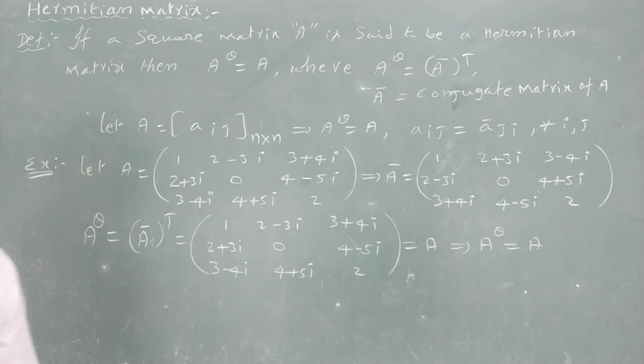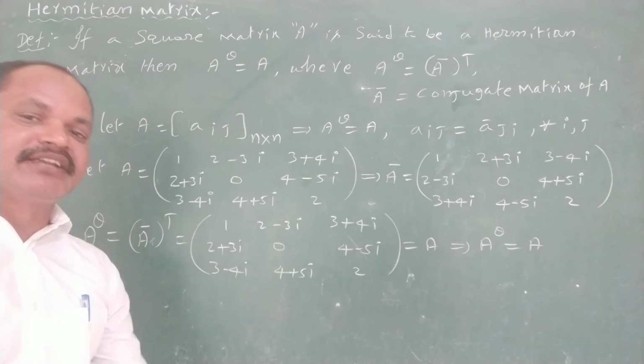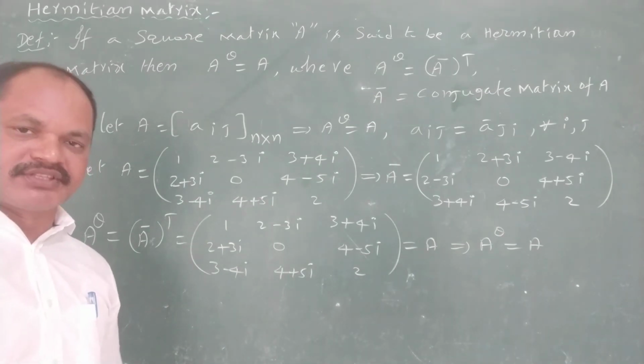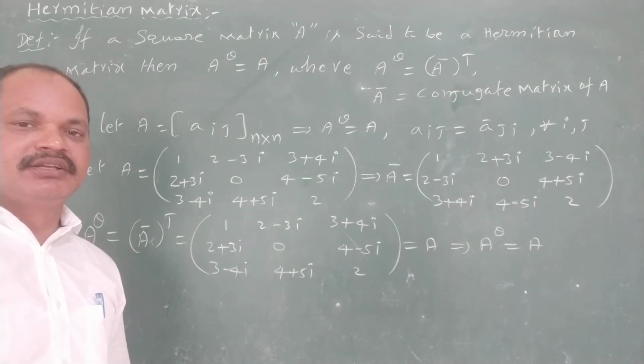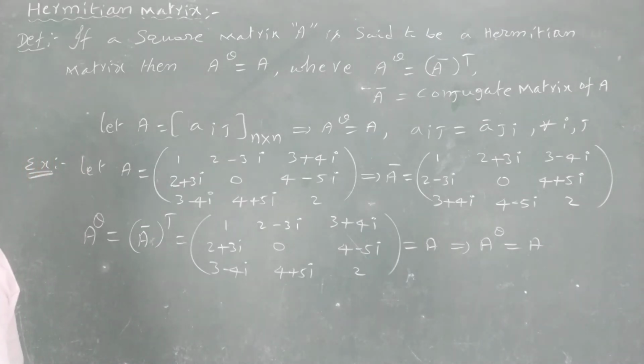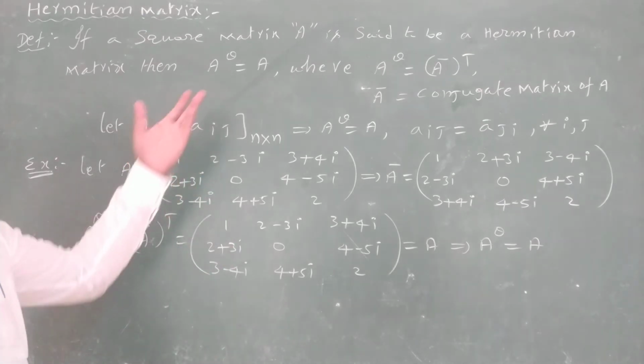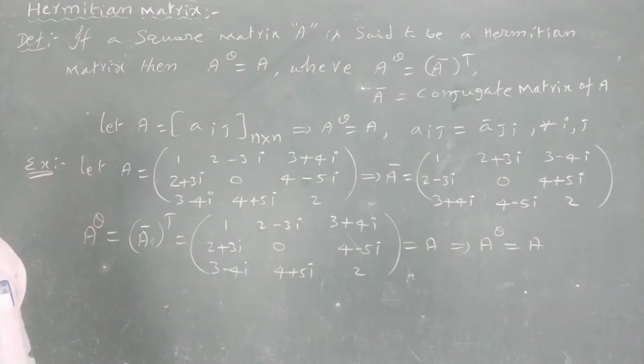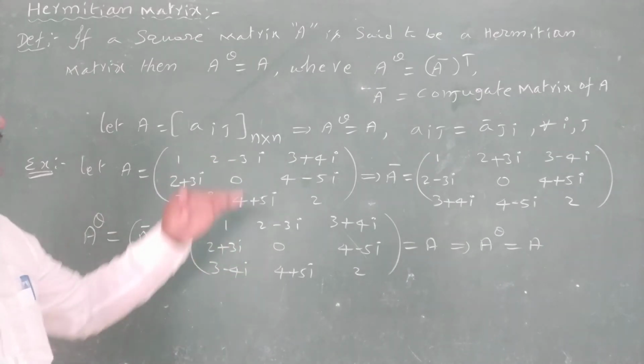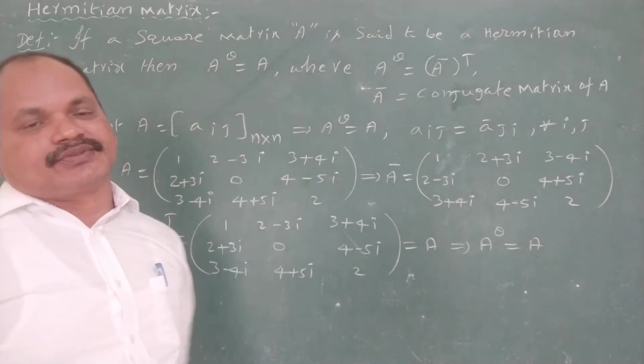So this is the concept of Hermitian matrix. What's the definition of the Hermitian matrix? If a square matrix capital A is said to be Hermitian matrix, then A power theta is equal to A, where A power theta is nothing but the conjugate of A transpose.